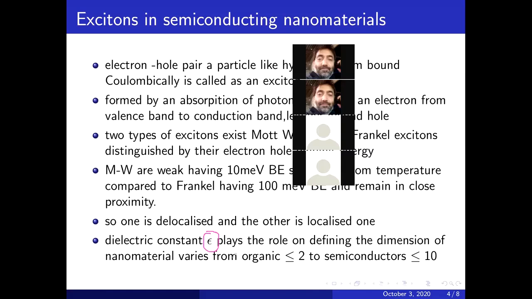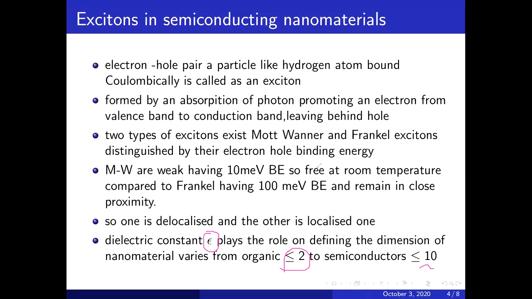Materials which have a dielectric constant less than or equal to 2 are going to show one kind of exciton, while there are materials where it is around 10, so that's going to show another kind of exciton, because the dielectric constant plays a role in deciding which kind of exciton faces more or less Coulombic force.